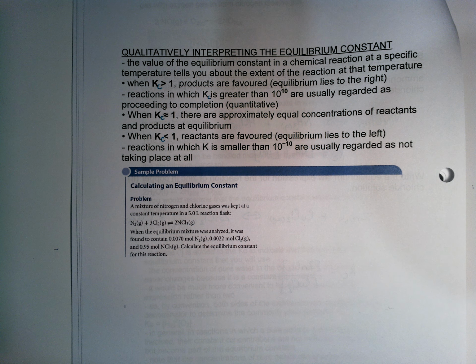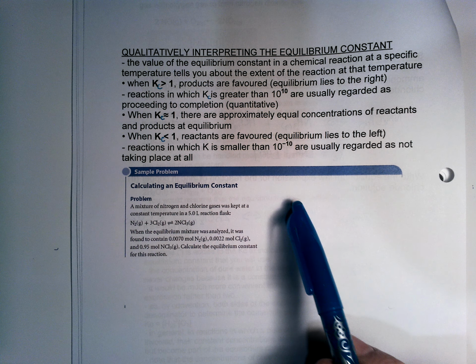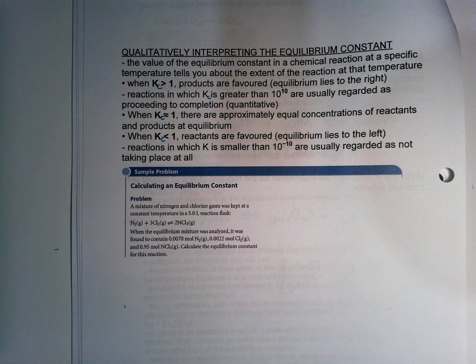When our Kc is around 1, there are approximately equal concentrations of reactants and products at equilibrium. If our Kc is less than 1, then the reactants are favored, which means the equilibrium lies to the left. And if it's smaller than 10 to the minus 10, then basically nothing is happening. You put those reactants together, and nothing would happen in those cases.